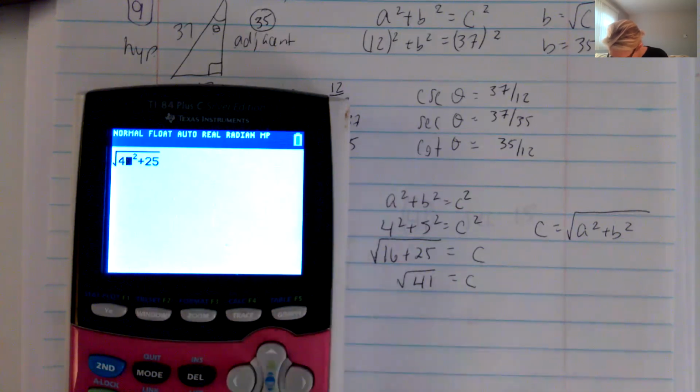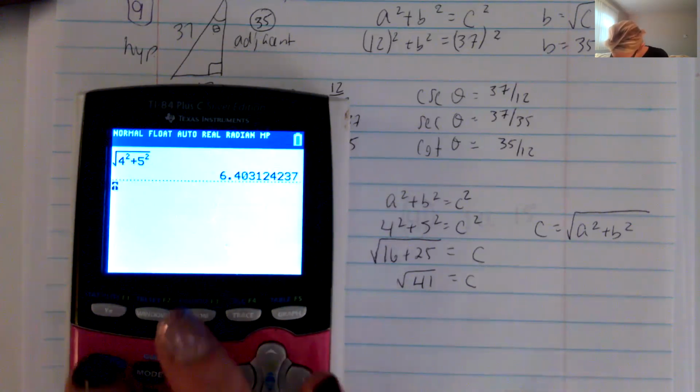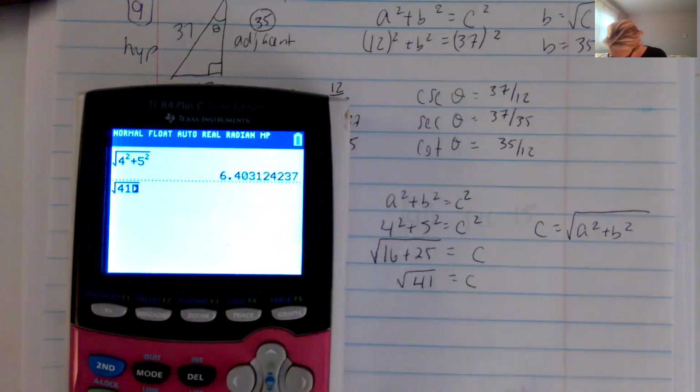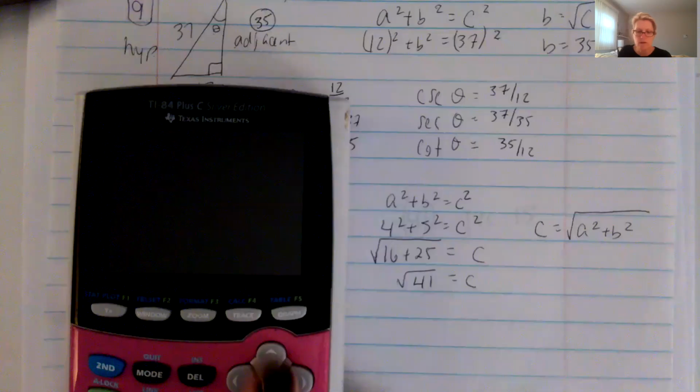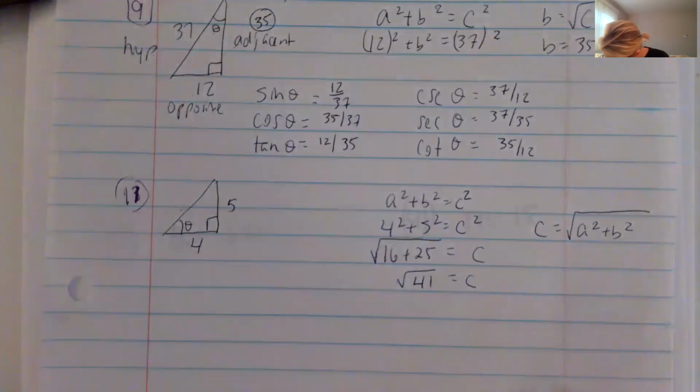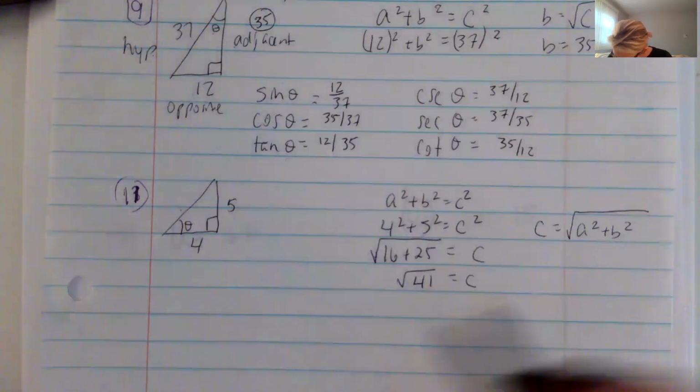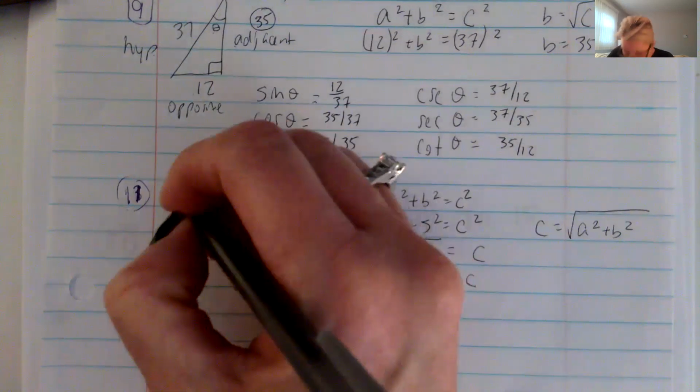Let's just do it as if we didn't know the squares. So it's 6.4. And I think that's, if you do the square root of 41, that matches. So let's leave it as the raw square root of 41. Okay, so this is the square root of 41.